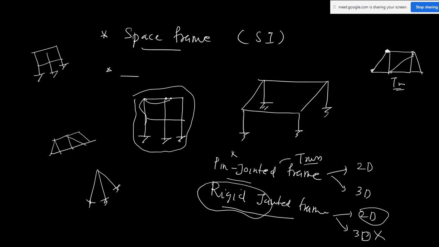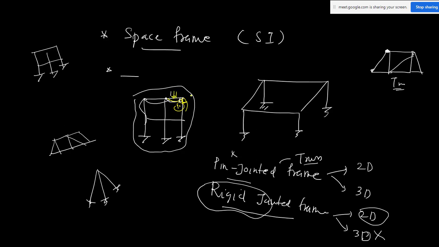In a rigid jointed frame, this kind of frame, the joints are rigid. That means if you apply some force, there may be some deflection or deformation. After deformation also, the angle between the two members, which is 90 degrees before, stays 90 degrees. It will deform like this only. After deforming, your beam is here, the column is here, but this angle will stay 90 degrees. Because of the loading acting on the beam, your column also bends.